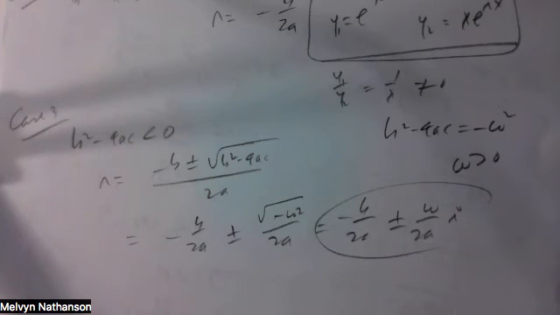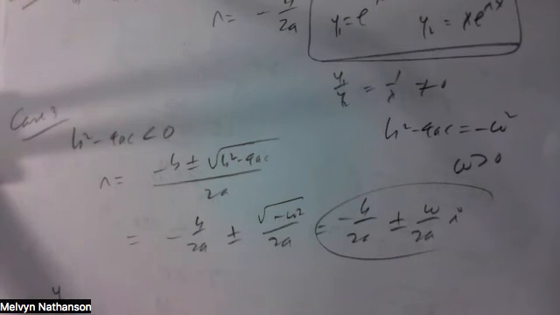And in this case, we have two solutions, again y1 and y2. y1 is going to be e to the minus b over 2a, the real part of this, times the cosine of something, and y2 will be e to the minus b over 2a times the sine of something.